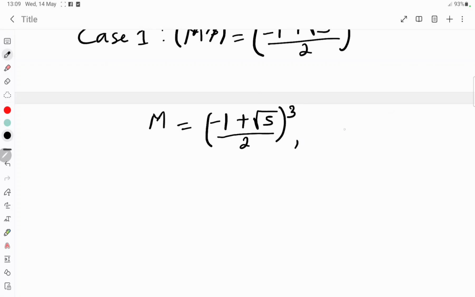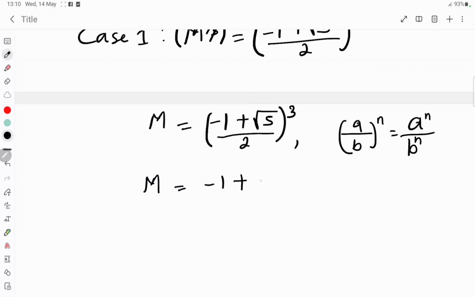Remember, when we have (a/b)^n, we can still write it as a^n over b^n. So we can write m is equal to (-1 + √5)^3 divided by 8, because 2^3 is 8.